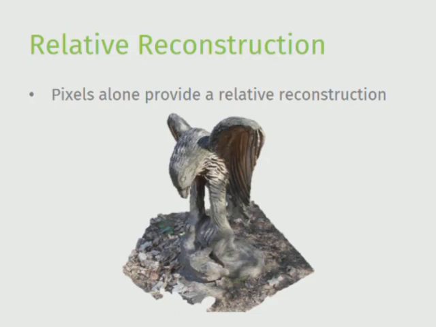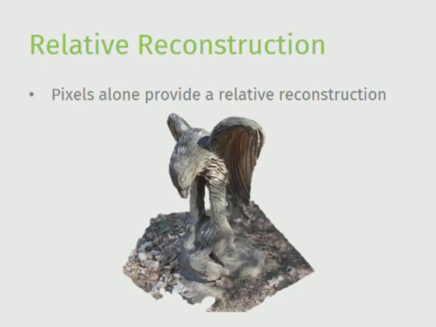So if we have a 5-foot tall griffin, we as humans know when we see this in real life that this is a griffin and it's 5 feet tall. The software has no idea what is up, what is down, what is left or right. The software has no idea what the distance is between the eye and the beak. All it knows is a specific ratio based on the spatial relationships from the image content.